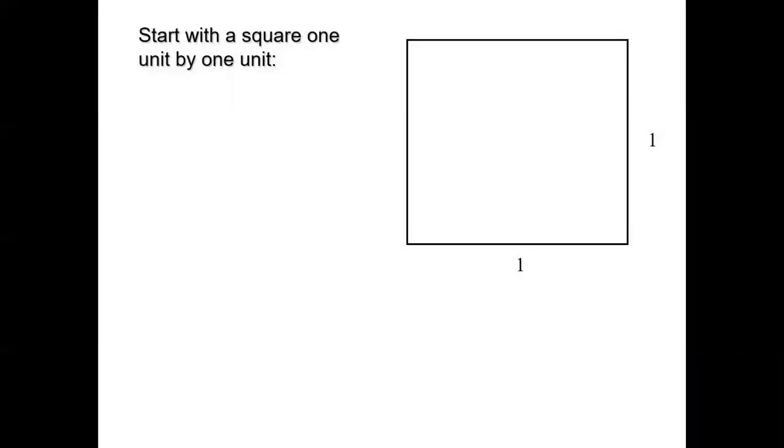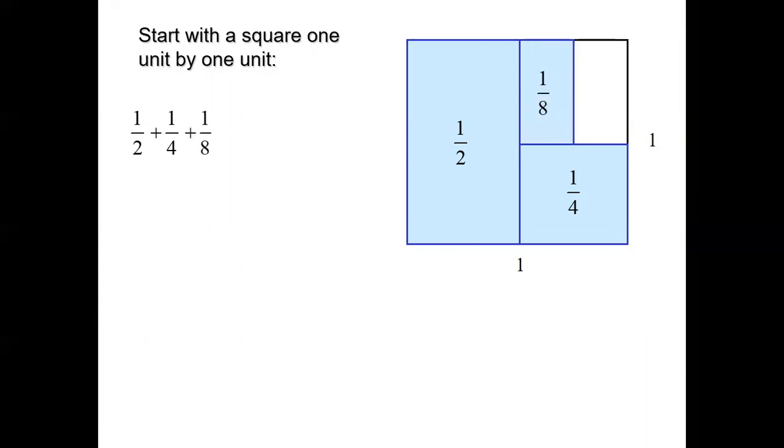All right, so let's start out here with 1 square unit. Let's just set a foundation for what a series is. If I break that into a half, I'm going to take the value of a half, and then I'm going to break that half in half, a quarter. And so I want to start adding these areas together, and add that, and add that.